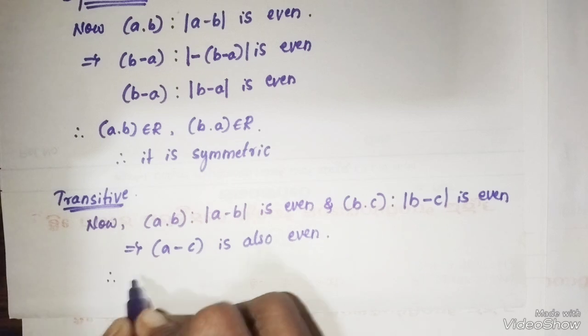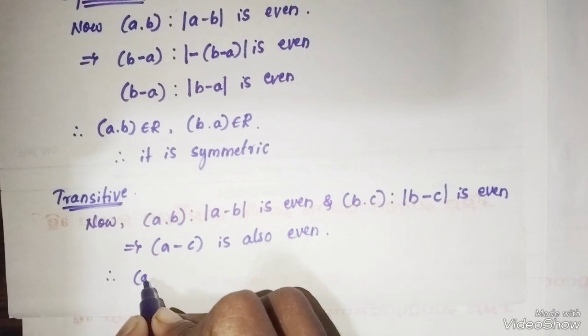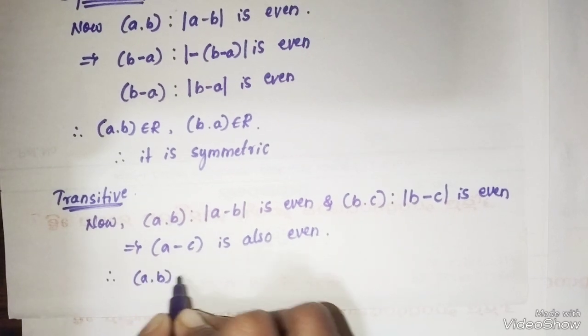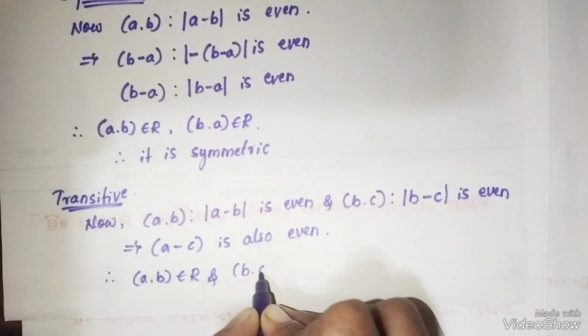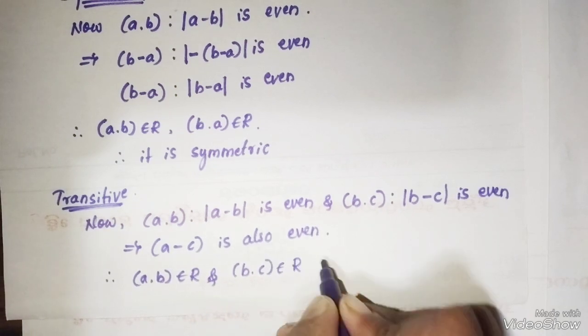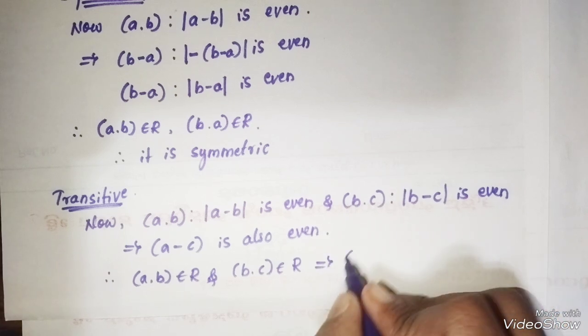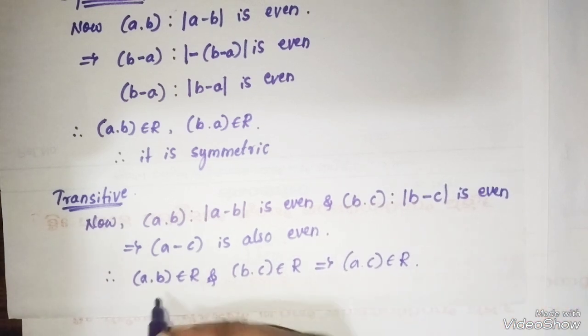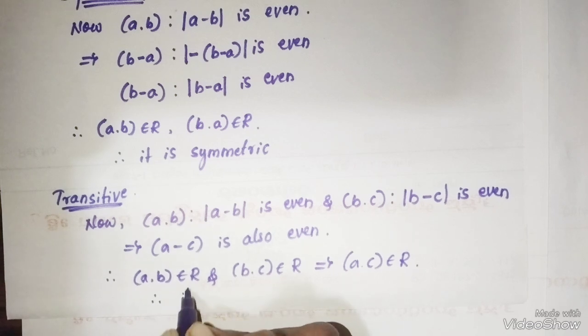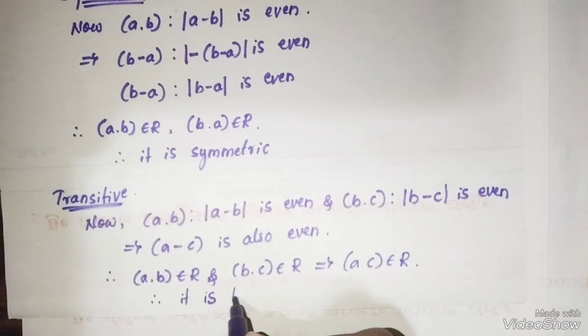That is, (a, b) belongs to R and (b, c) belongs to R implies (a, c) also belongs to R. Therefore, it is transitive.